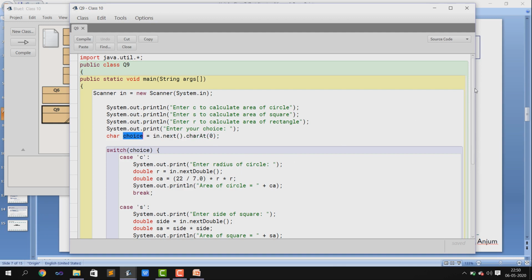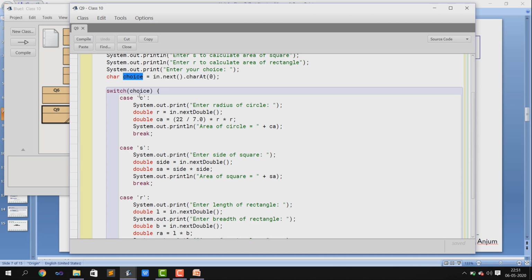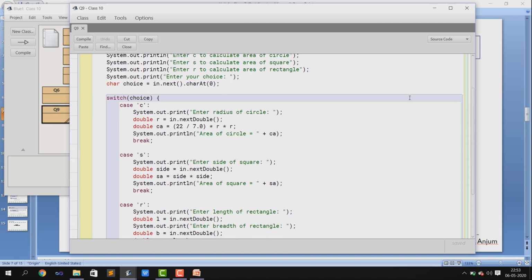Okay. Now we are going to open our switch case statement, see choice. So now students, you will be writing this switch, yes, switch case, then choice in brackets, because you are going to take a choice in this variable. Okay, the same variable we are going to use over here also. Now case C, because you have to take C as an input for calculating area of a circle.